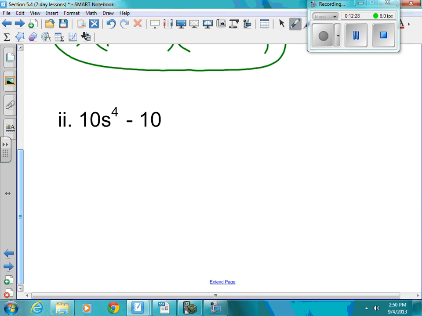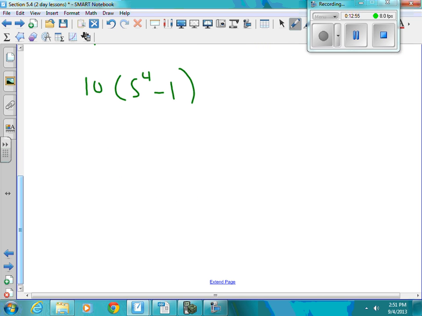This example number 2 is a little bit different. We're saying quadratic form. What quadratic form do we have here? Well, first of all, always look for monomial terms. Is there a monomial term we can factor out of 10s to the 4th minus 10? I hope that we can see that 10 divides both of these terms. So 10 times s to the 4th minus 1. So s to the 4th minus 1, that doesn't look like a trinomial.